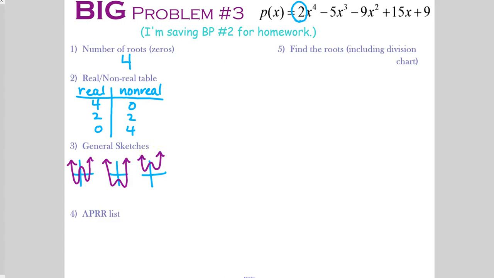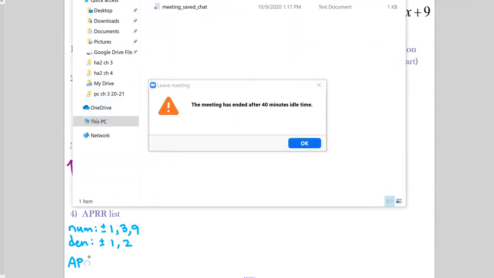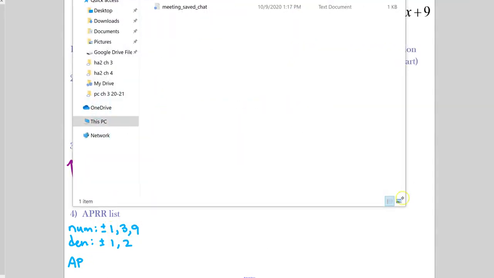And then for the APRR list, the numerators are going to be plus or minus factors of 9. So we just have plus or minus 1, 3, and 9. And the denominators are going to be plus or minus factors of 2. So we have plus or minus 1 and 2. So then we make all the combinations of those numerators and those denominators.